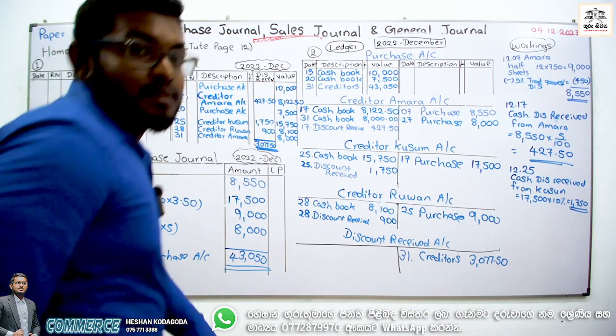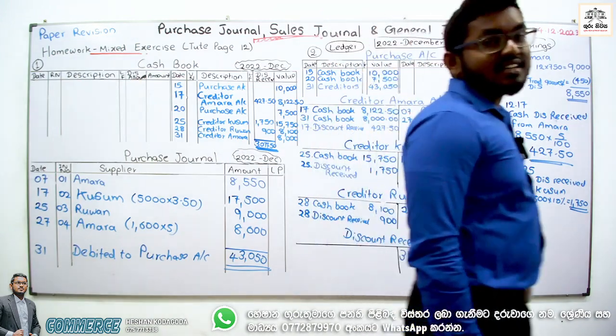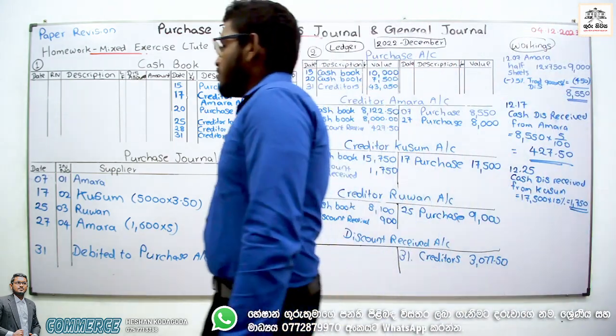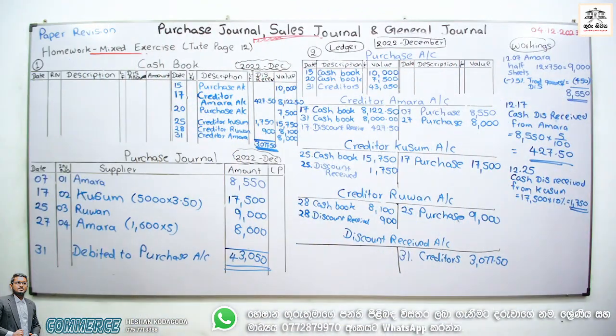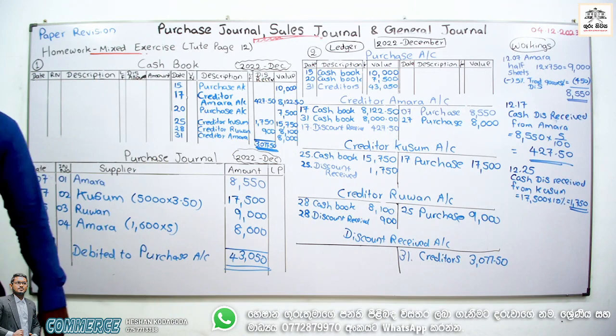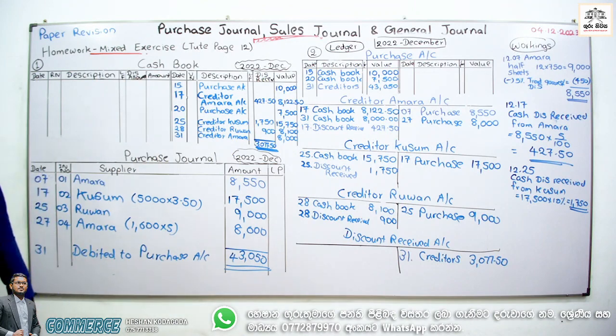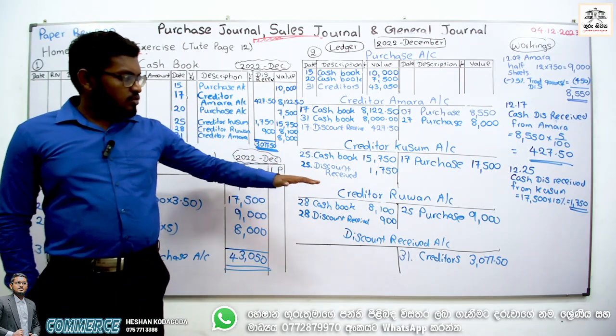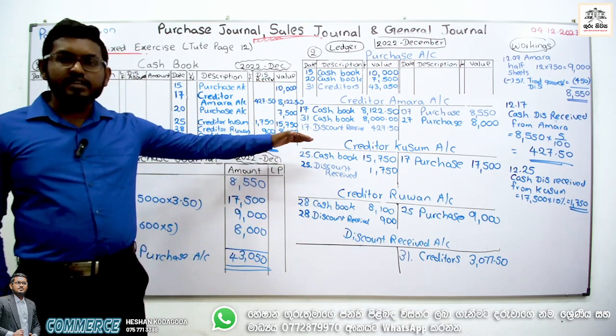Now the same thing applies to the sales journal as well. Sometimes there can be cash basis sales and credit basis sales. If there is a credit basis sale, you can write it in the sales journal, right? So you need to debit the relevant debtor on the transaction date.